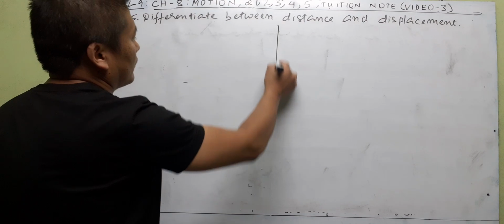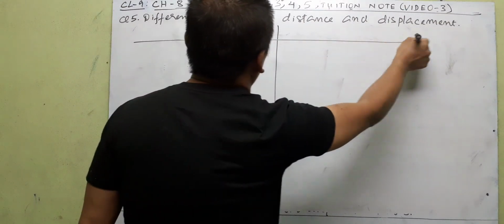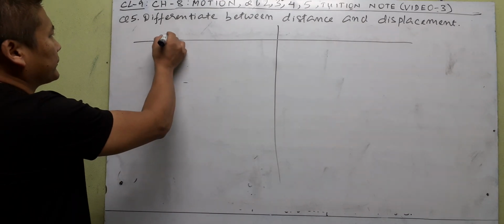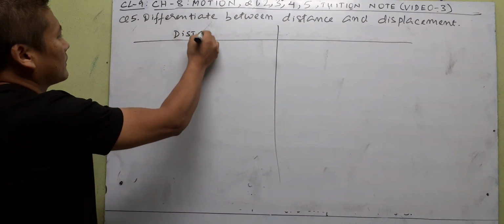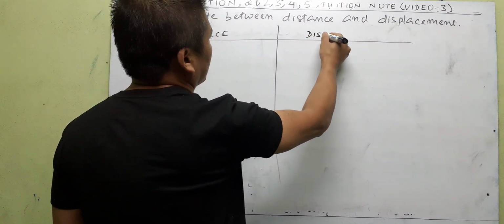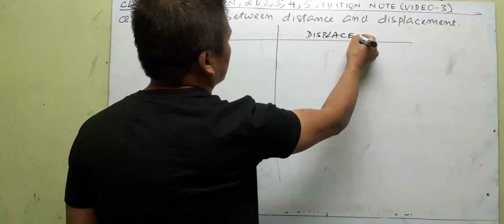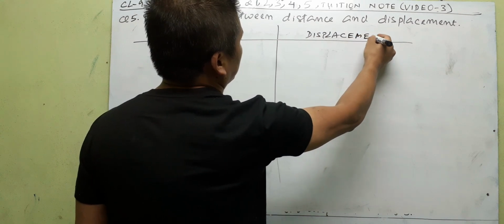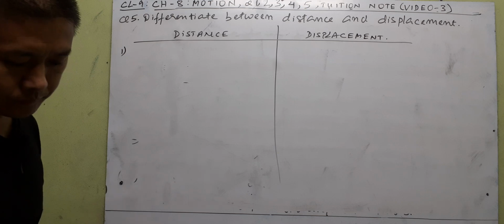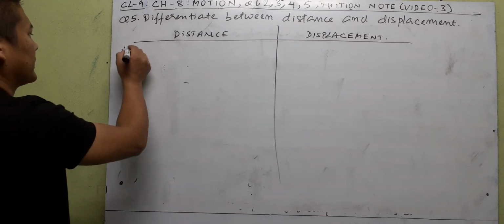So let us divide our notebook into right-hand and left side with a middle line, and write here distance on the left side, and then displacement on the right side. And let us see the basic difference between these things here. Number 1, okay? We have already known, so we can just write down 1.